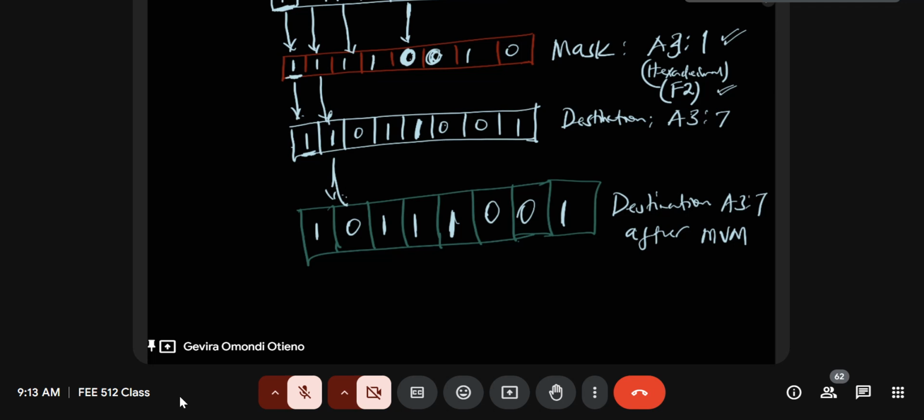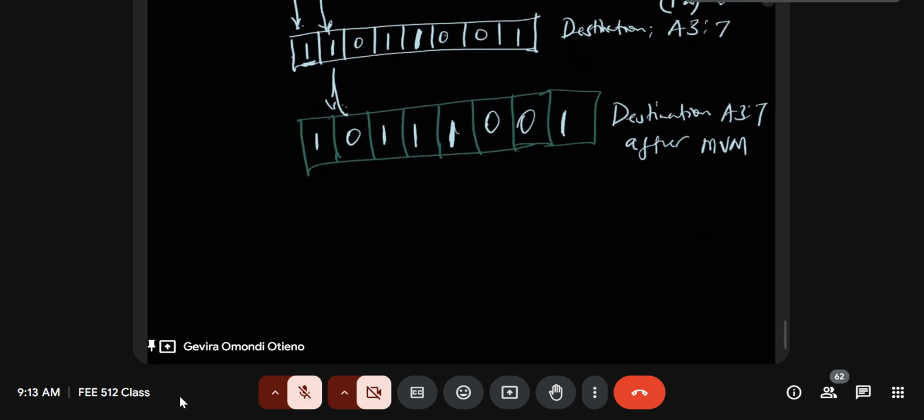The register must be the same as the source and the destination. You can't have an 8-bit source with a 10-bit mask with a 16-bit destination. They must be of the same bit size.